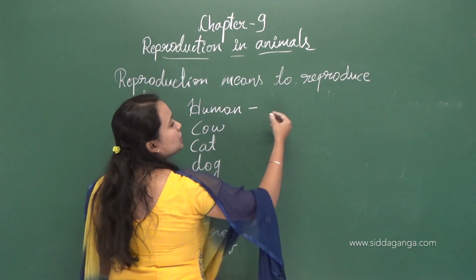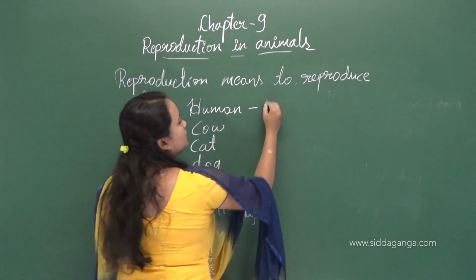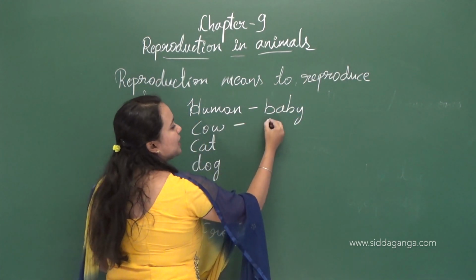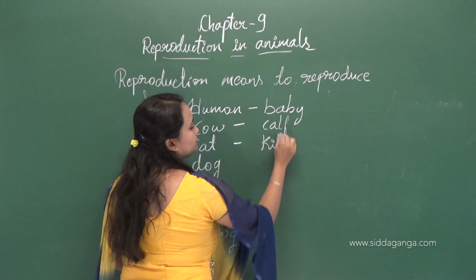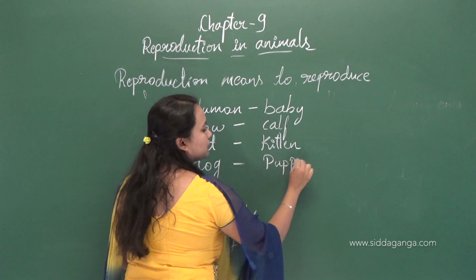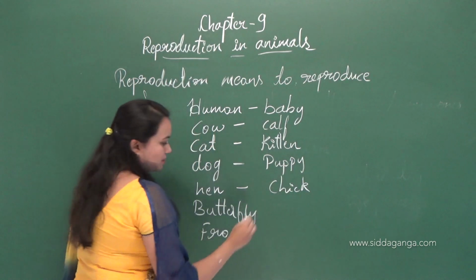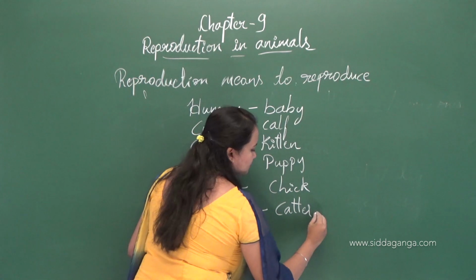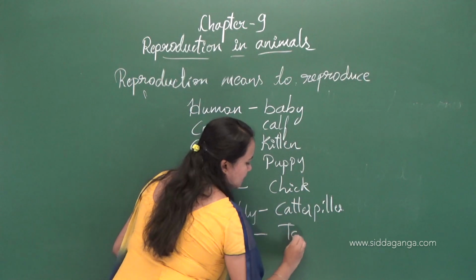In humans, we call the young one a baby, right? Cow, we call the young one a calf, cat a kitten, dog a puppy, hen a chick, butterfly a caterpillar, and frog a tadpole.